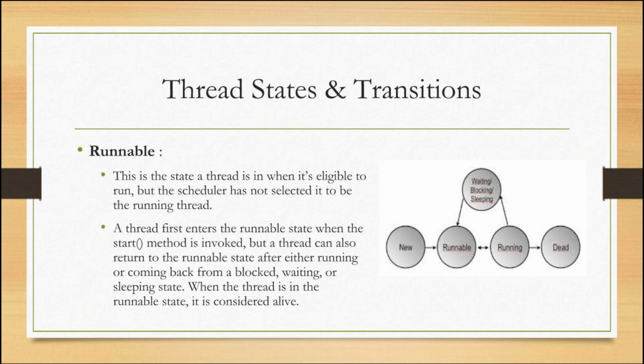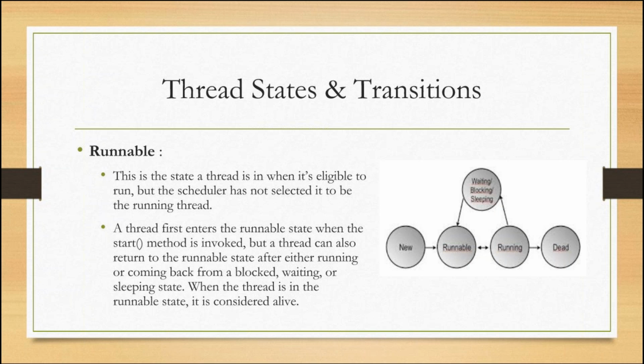So far, I used to say that when we call the start method, the thread will immediately start execution, right? But now I'm saying that the thread is not yet running.